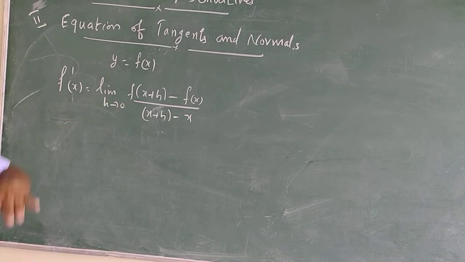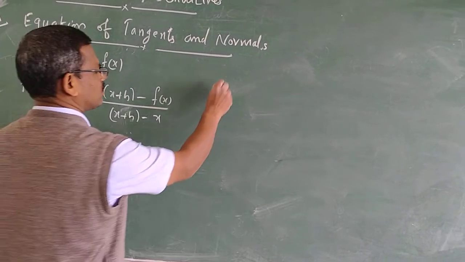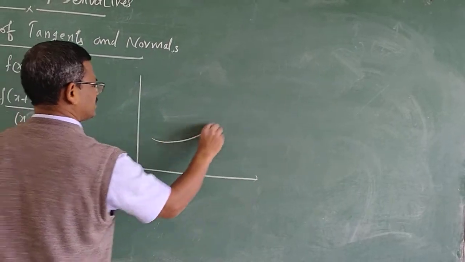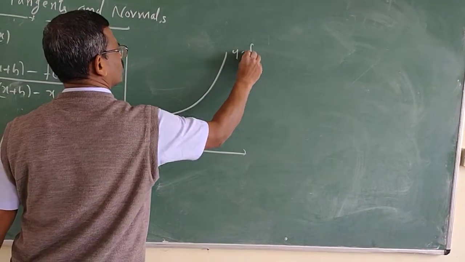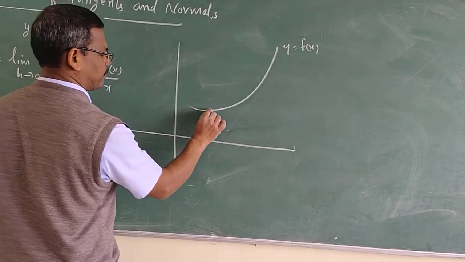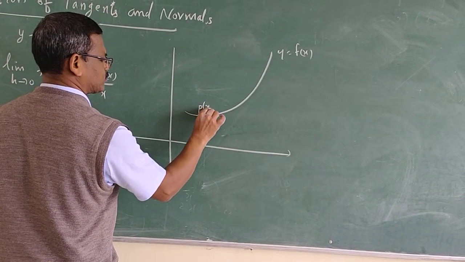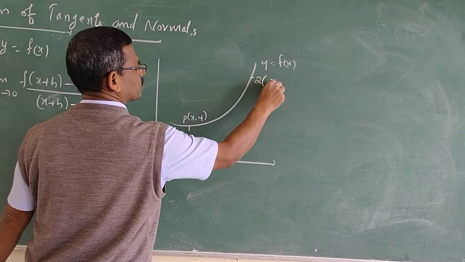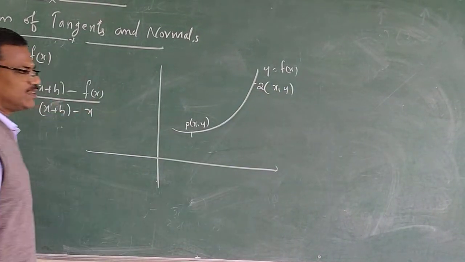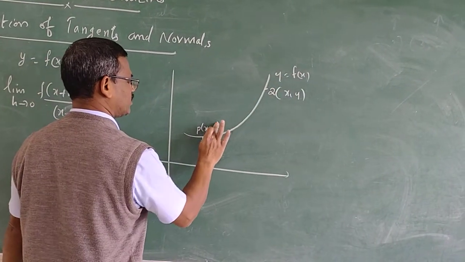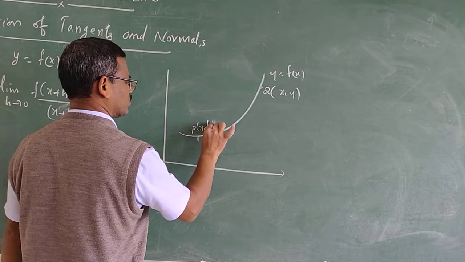Let me explain the geometrical interpretation of this derivative, how it comes. Let this be the curve of y is equal to f of x. Let me take a point P (x, y) here and another point Q here. When y is equal to f of x, the y coordinate is f of x.